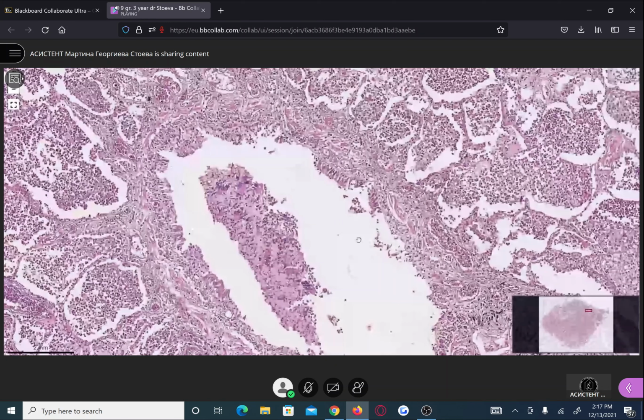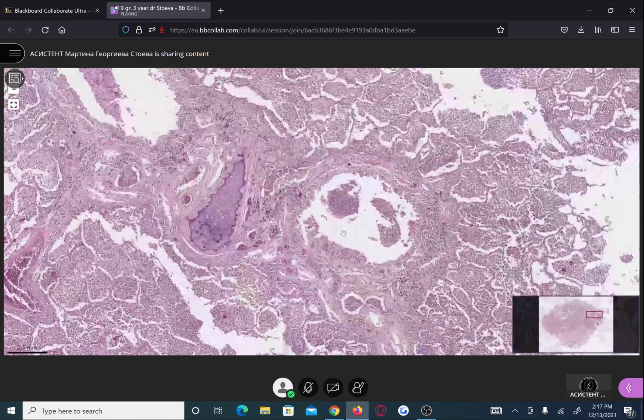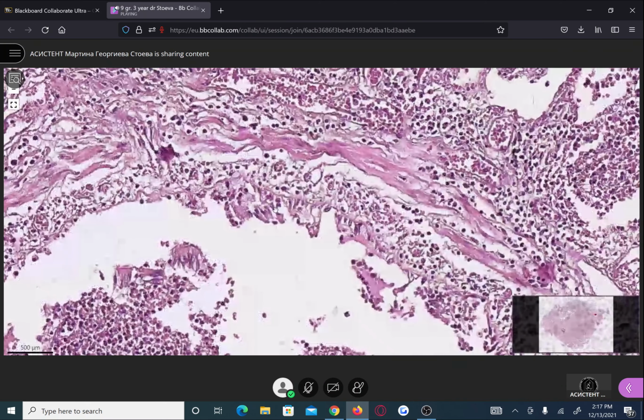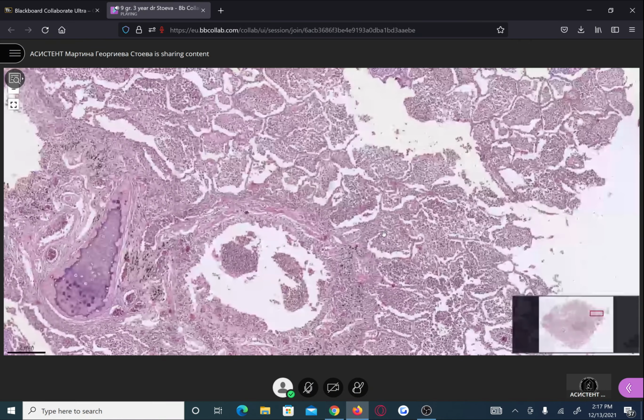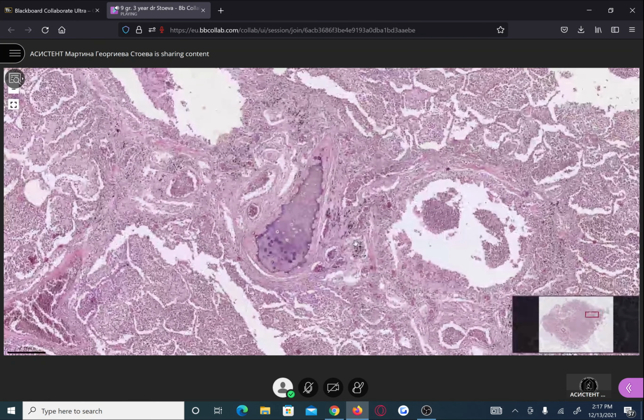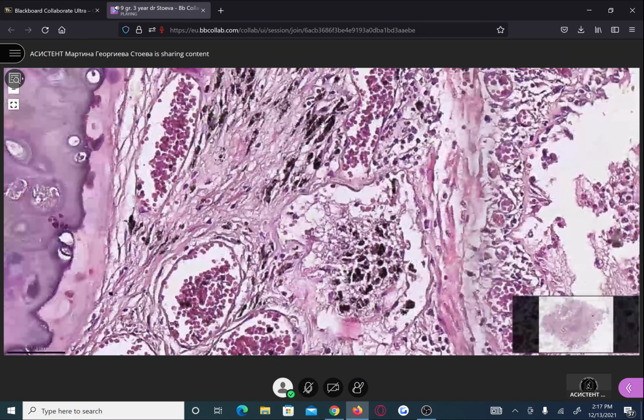There is another lumen with epithelium here. Honestly, here the epithelium is more damaged than in the left lumen. There are coniophages in the interstitium around the bronchi. Macrophages with coal dust.